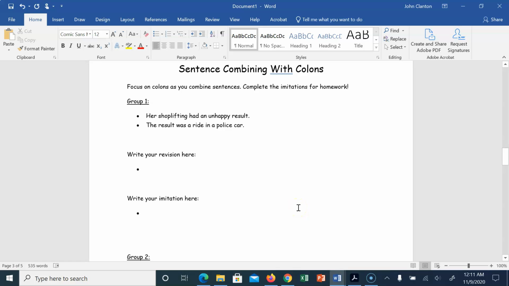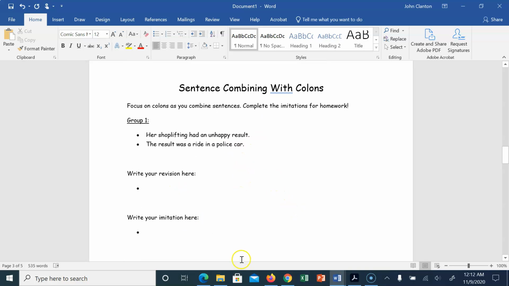So again, you will be given four groups, and you're going to practice combining, revising the two or three sentences, and you're going to do an imitation. So let's do one together. For shoplifting, oops, had an unhappy result. Now, we can go a ride in a police car. Right? That's one way to do it. You can do something like she had to ride in a police car, but I like this.